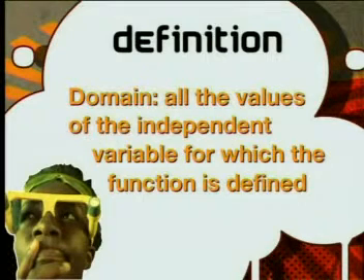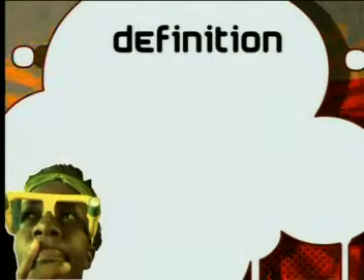Let's now define what we mean by domain. The domain of a function is all the values of the independent variable for which the function is defined. Remember that the independent variable is x. A casual way of thinking of this is as follows. For what input values does the function make sense?